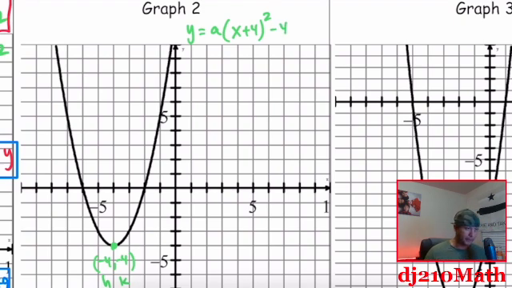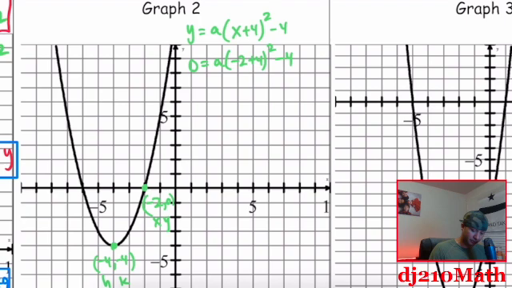All we have to do is pick another point and figure out what a is. I'm going to pick a point that has 0 in it. Remember, this point is always not the vertex, so anything other than the vertex. Pick something with a 0. So this is technically negative 2 comma 0. The x is negative 2, y is 0. So 0 is equal to a times (negative 2 plus 4) squared minus 4.